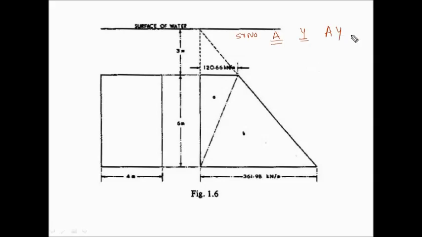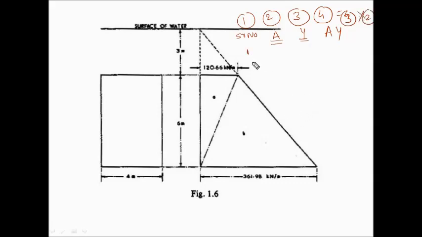So this is A multiplied by y. I will number the columns 1, 2, 3, 4, so column 4 will be column 3 multiplied by column 2.